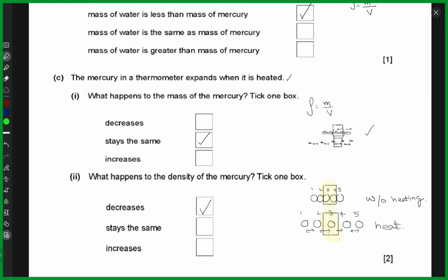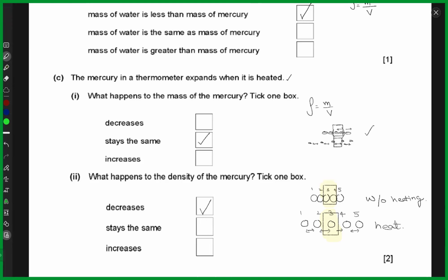See, if the mercury has a mass of like 5 grams, and the volume increases because of the temperature, then the volume is first, without heating, 5 centimeters cube.